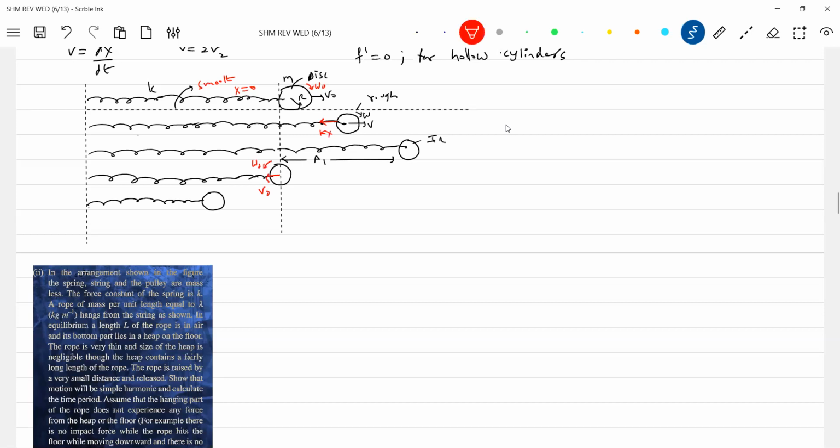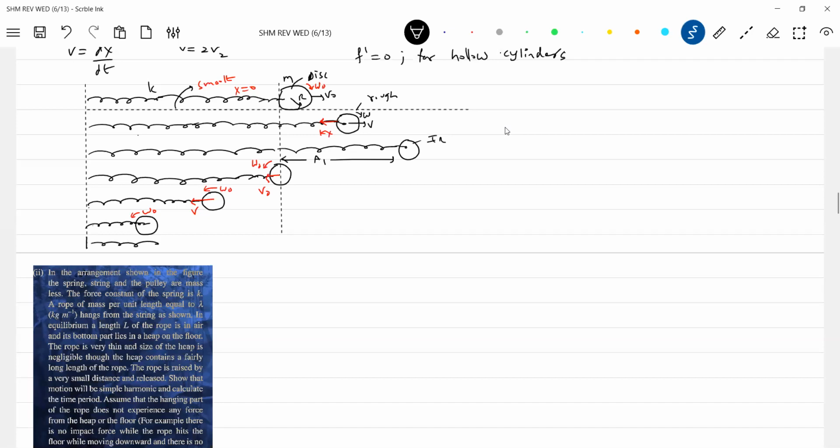it will have linear velocity, say some V, but omega will be the same. When it comes to instantaneous rest also, let's see whether it is SHM or not. Omega naught. Okay, it has come to instantaneous rest.